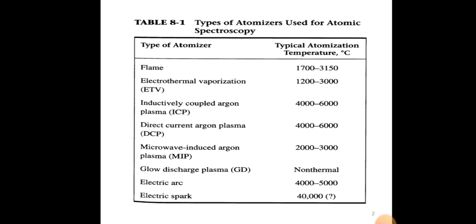For example, flame is the most common method for atomization. Then we have electrothermal vaporization. We have plasma methods like inductively coupled plasma, direct current plasma, micro-induced plasma, and then we have glow discharge, electric arc, and electric spark.